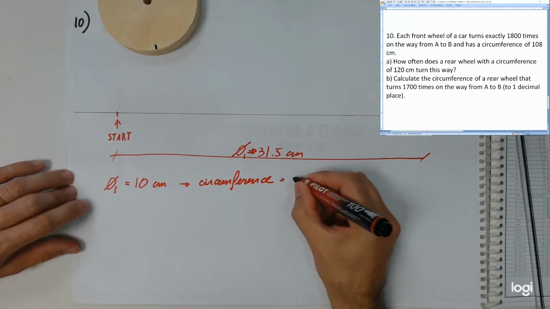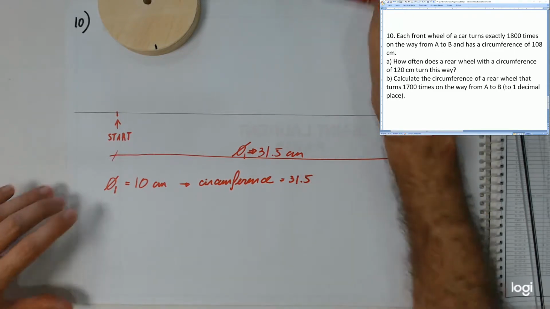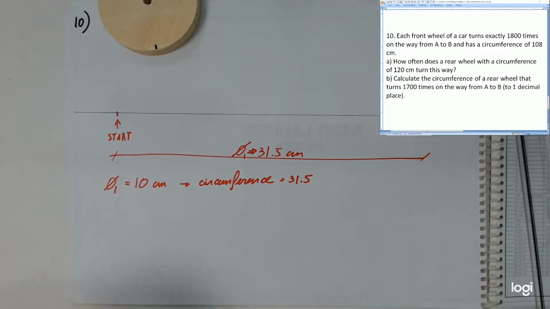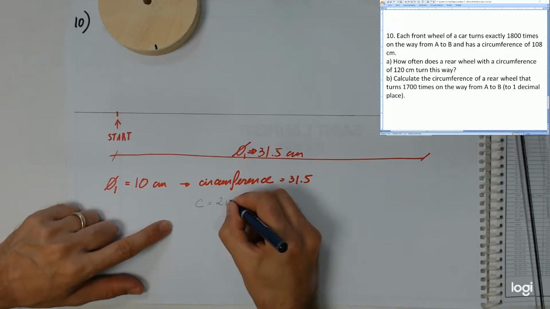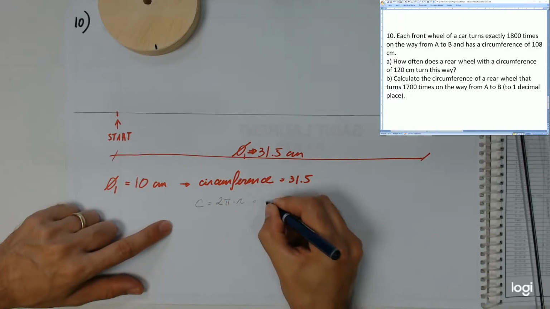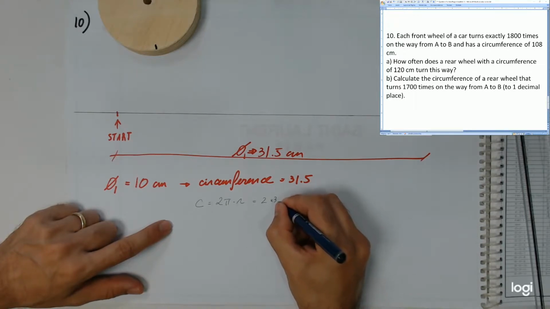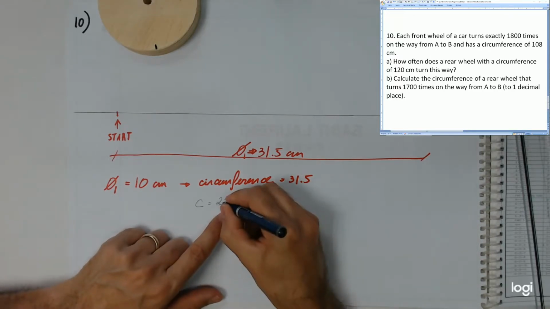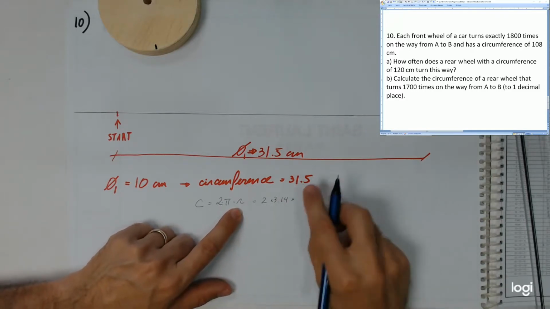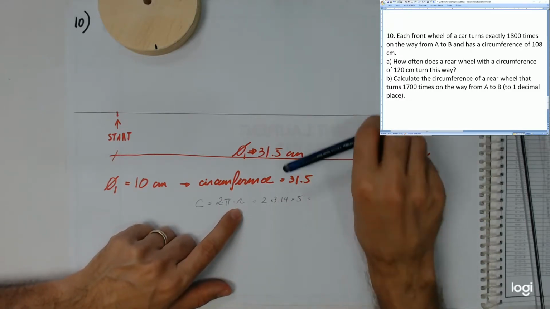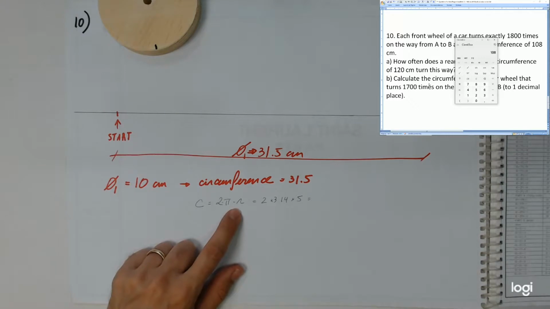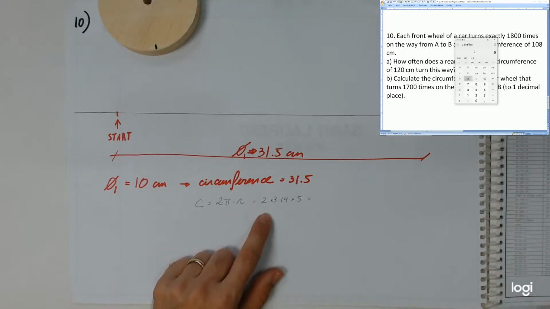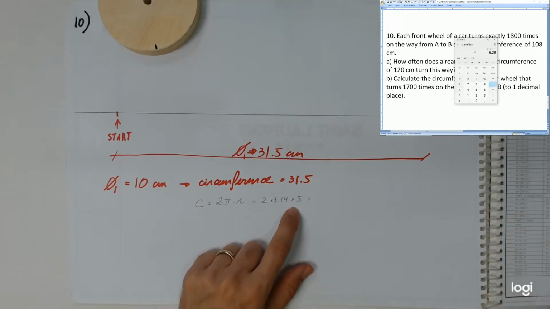measures 31.5. Well, you're going to see later that to measure the circumference it is just 2 pi times r. Pi is about 3.14, right? And the radius is just 5 centimeters. Let's bring up the calculator, because if you don't understand this, there is no point going on with this exercise. 2 times 3.14 times 5.